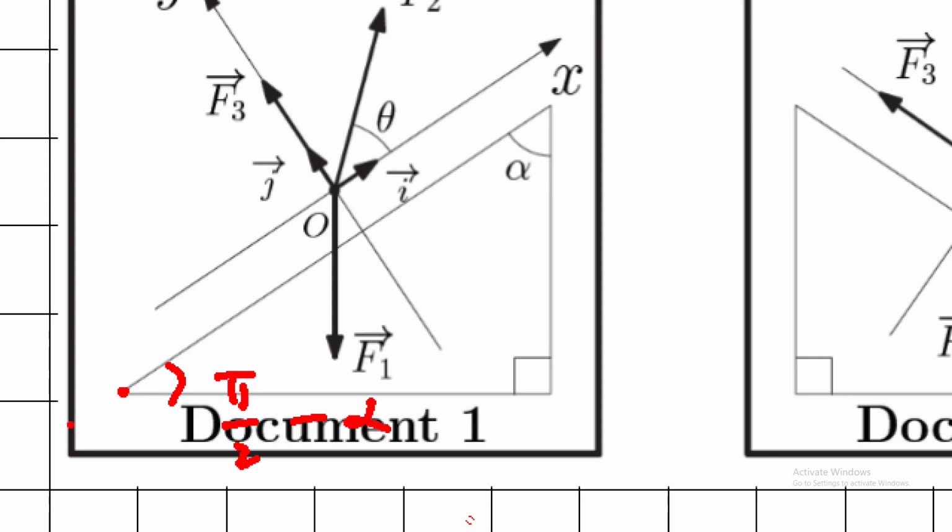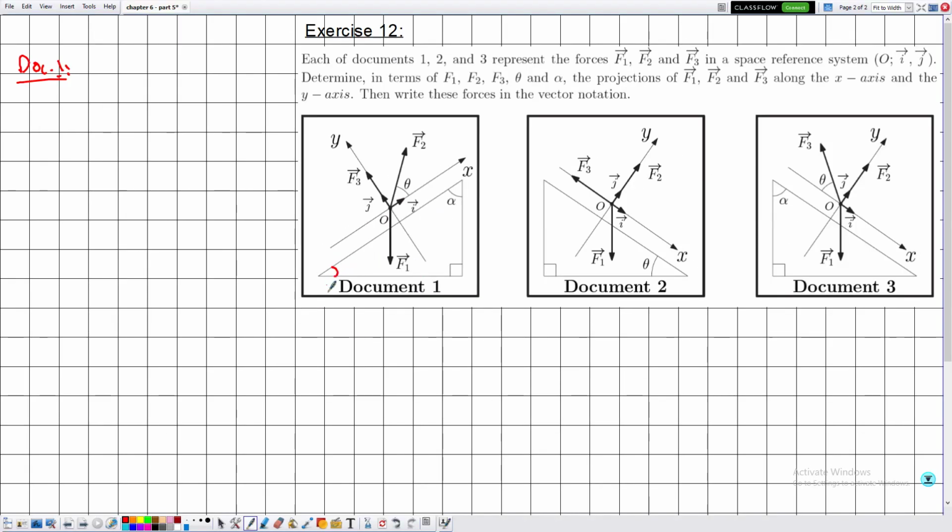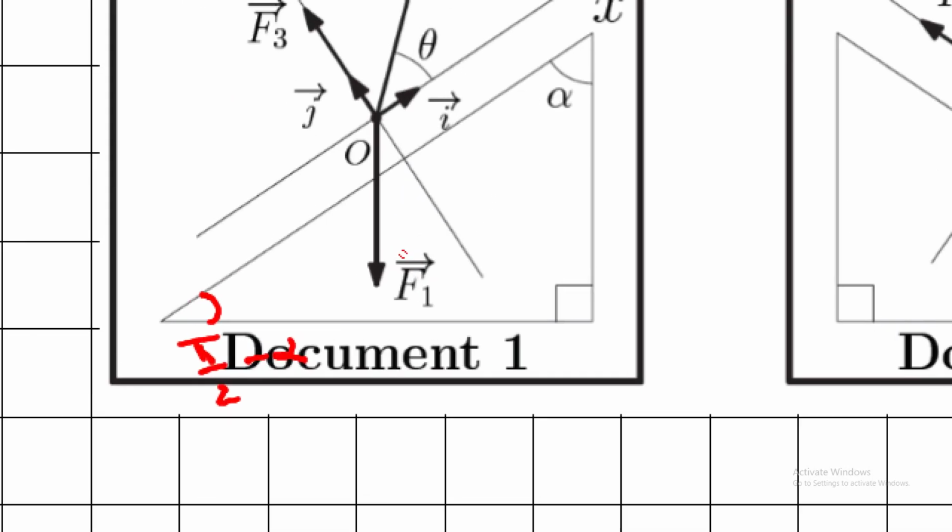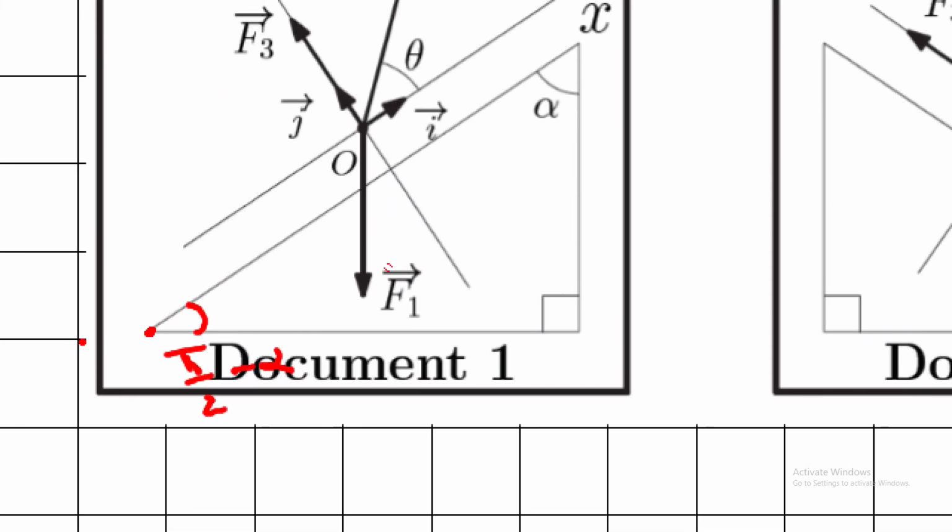Suppose that this is the point A, this is the point B, and if we prolongate this line, then this is the point C. So notice that ABC represents a right triangle, right angled at C. So this is pi by 2, this is pi by 2 minus alpha, and this is alpha.